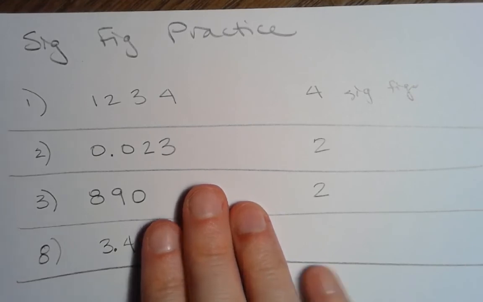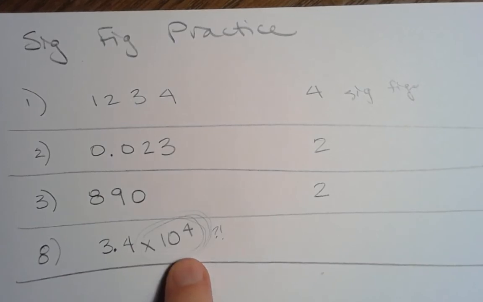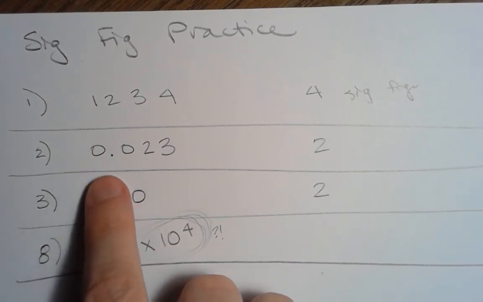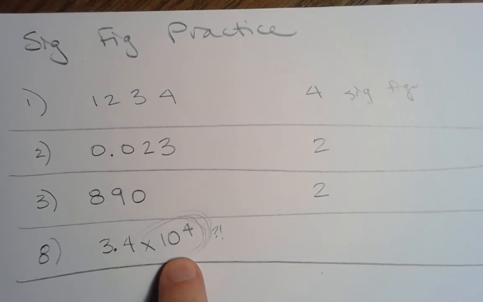Because this times 10 to the whatever shows you the magnitude of the number. It does not add to your confidence. Just the same way that this 0 shows you that this is 890 instead of 89 or 8,000 or whatever. Like, it shows you how big it is. Some zeros show magnitude, how big or how small. Other zeros show confidence. This 0 shows magnitude. These zeros show magnitude. This thing shows magnitude.